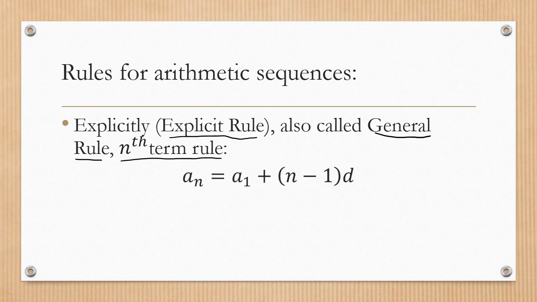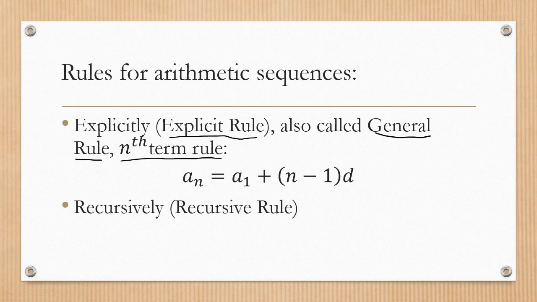And this rule is a sub n equals a1 plus (n minus 1) times d. So a sub n, the term that we want, is equal to the first term plus n, the number of the term that you need to identify, minus 1, times the common difference.